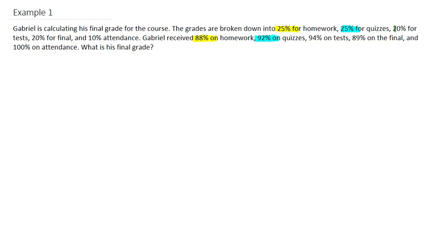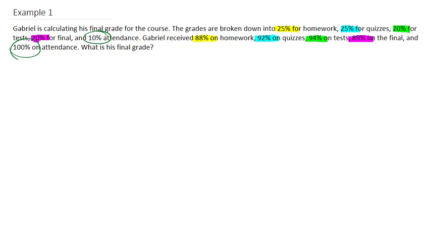For the test, it's 20% of the grade, and he received 94%. Then he got an 89% on the final, which is worth 20% of his grade. And then you have 10% for attendance, and he received 100%. So let's go ahead and calculate this out and write this all out.